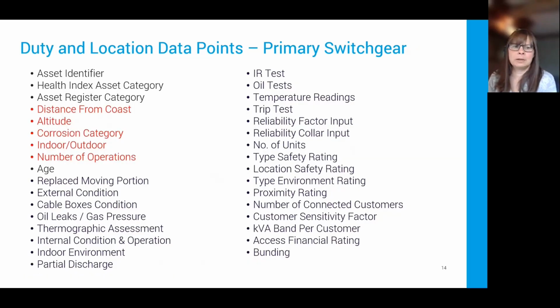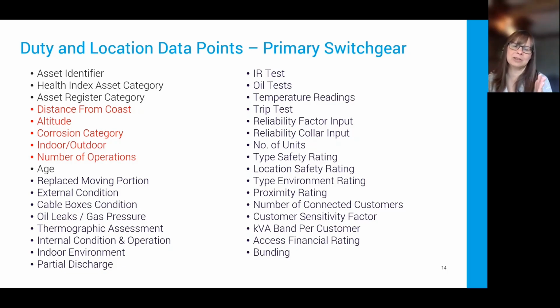So then if we move on and look at duty and location information. These data points are common across the common methodology. We use them in all asset classes. For some assets, those data points aren't especially relevant. So, for example, for cables, distance from coast doesn't really matter, and in fact the location ones don't matter so much.